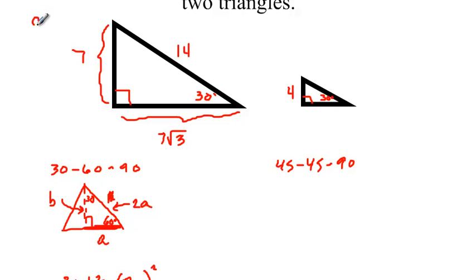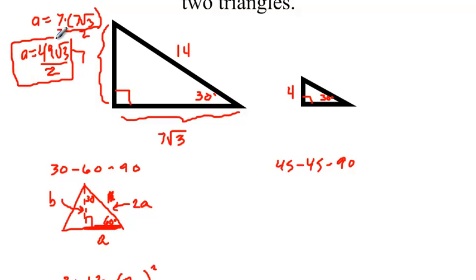Area will be 7 times 7 radical 3, and that is just going to be equal to 49 radical 3. So we do base times height, and that's being divided by 2, so this will be over 2. So we'll leave this in this form right now. I'm not going to reduce it until I see what happens here in this area.